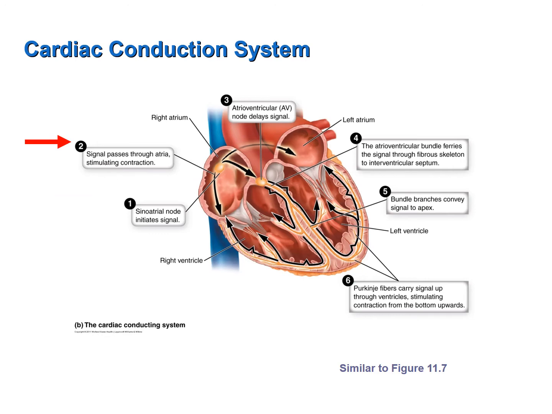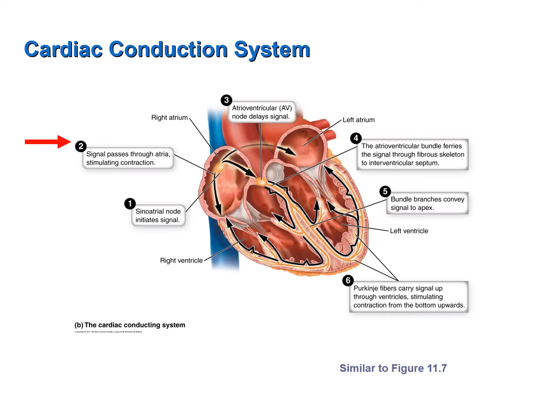After the sinoatrial node fires, a wave of contraction passes over the atria as action potentials are passed from one cardiac myocyte to another, resulting in the contraction of both atria.